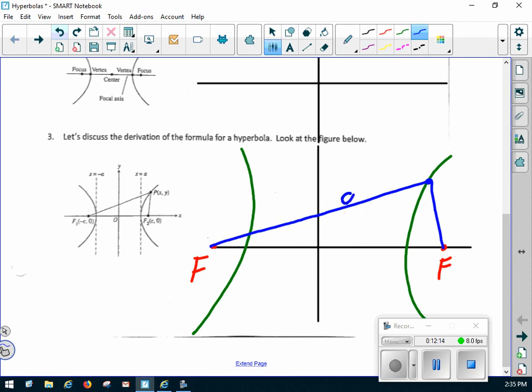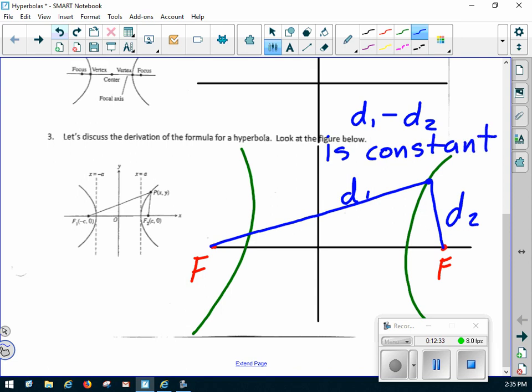If I call this distance D1 and I call this distance D2, what's true about a hyperbola, and this is going to blow your mind a little bit, is that the difference between those two is constant. If I subtract the length of D2 from the length of D1, that's going to be the same for any point I could draw on my hyperbola.